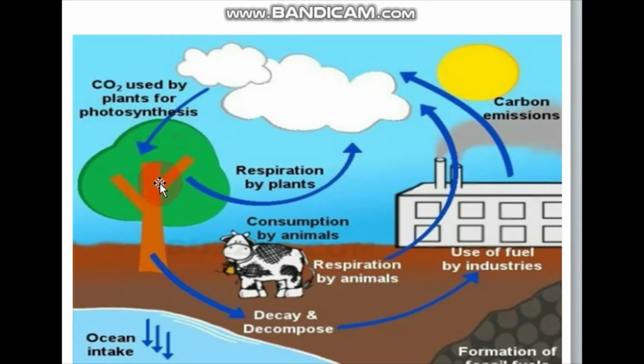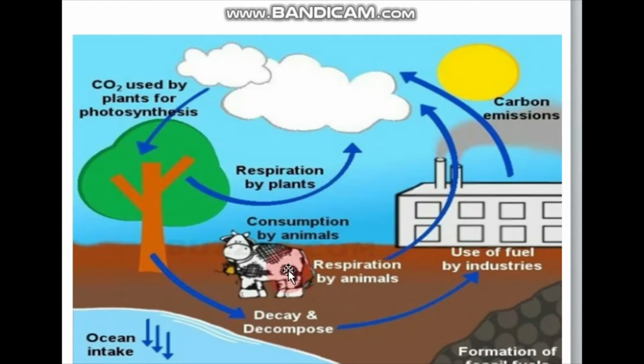When it uses the carbon dioxide to produce food through the process known as photosynthesis, there are some other activities that take place. One of those activities is that animals make use of the food produced. By virtue of respiration, the carbon dioxide is released back, which is what we have here as the carbon emissions. It is released back into the atmosphere in the form of carbon dioxide.